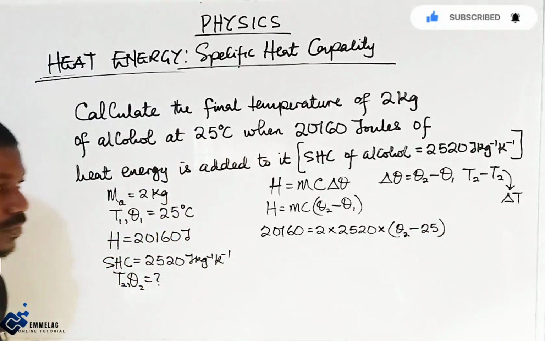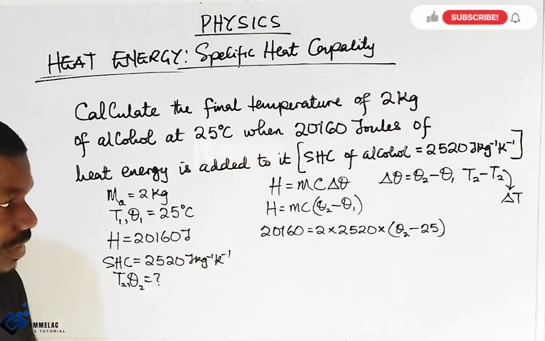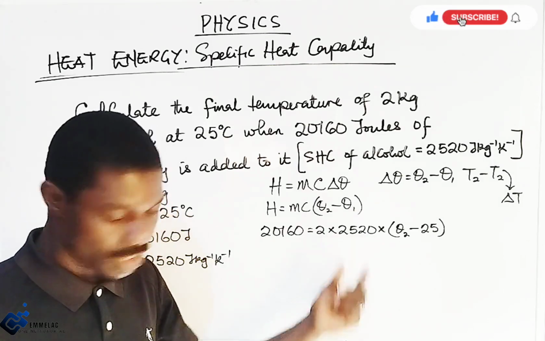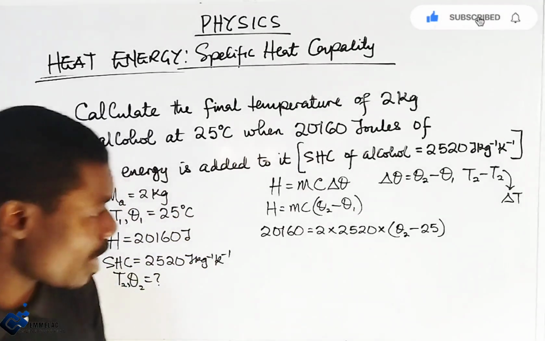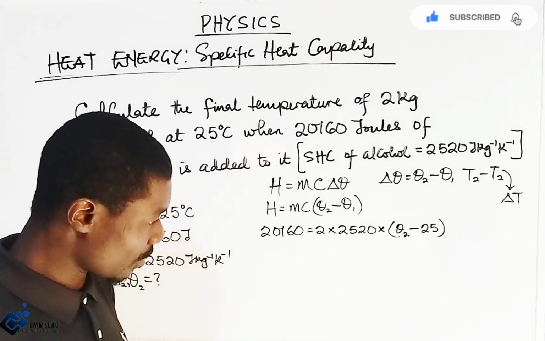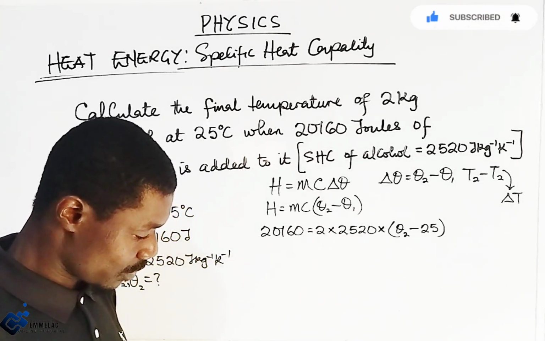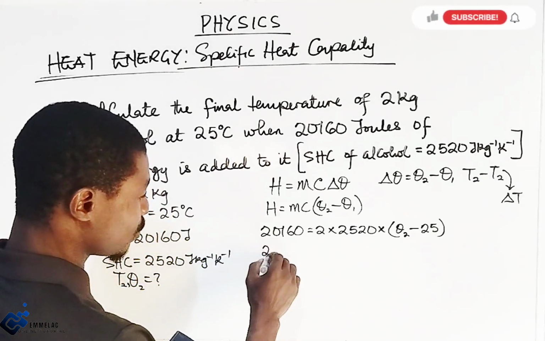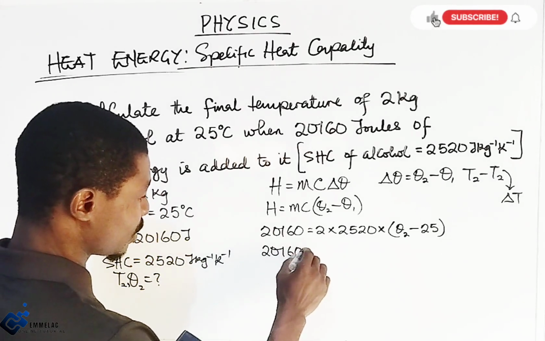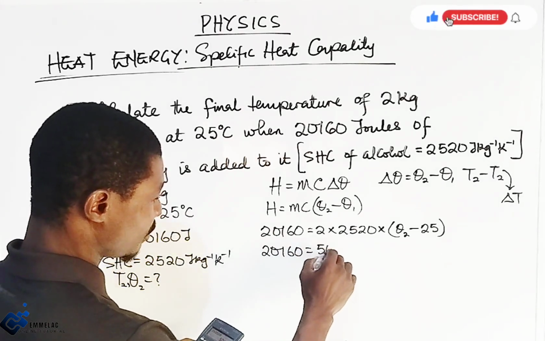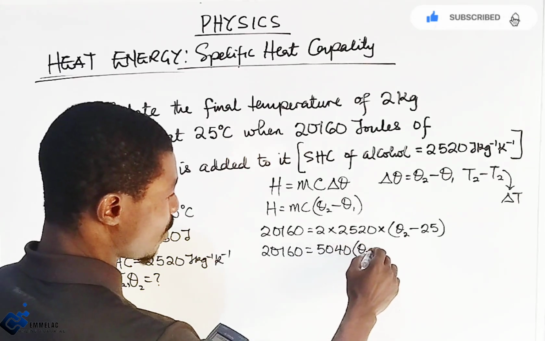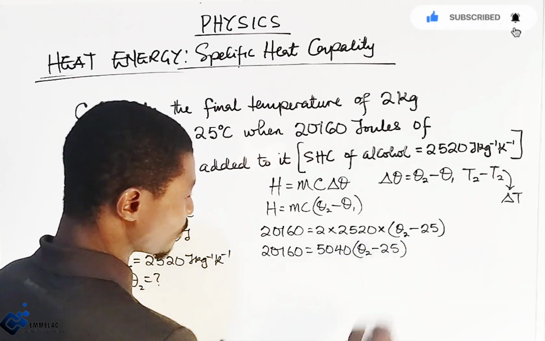Now close. Now what we need to look at is how to simplify this. By calculation, 2 times 2520 will give us 5040. So here we have 20160 equals 5040, then open bracket theta2 minus 25.